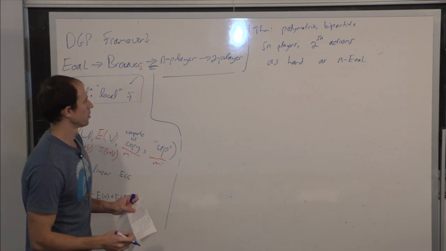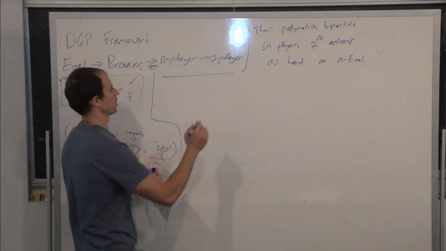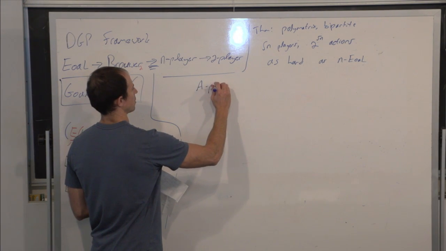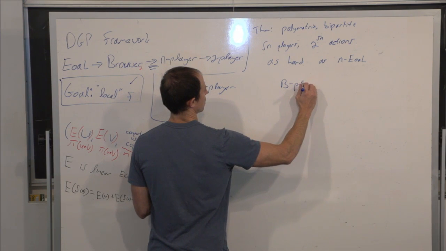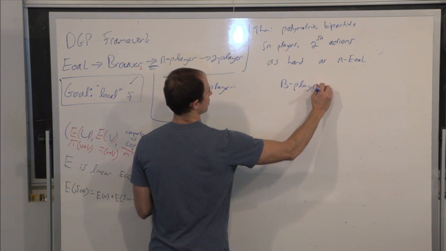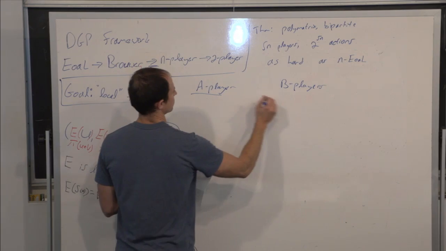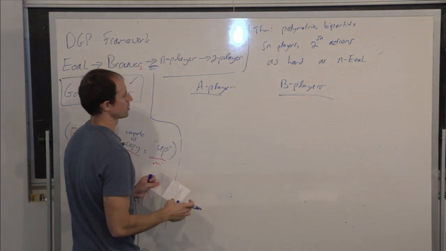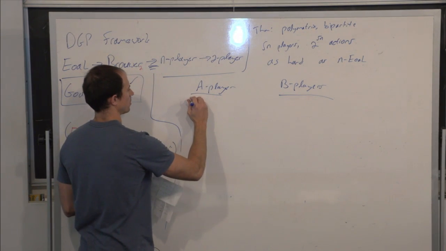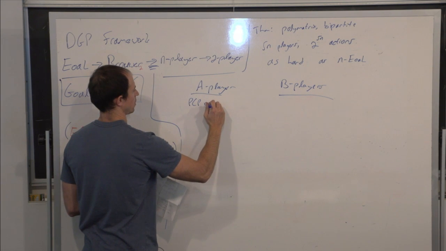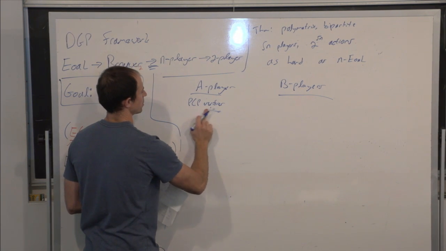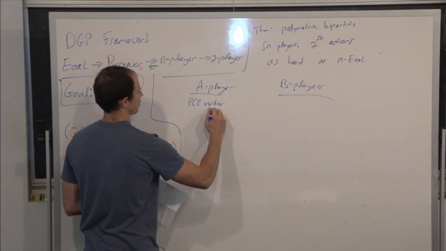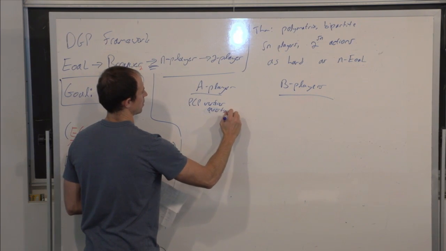Okay, so again, I'm going to have A players and B players, and I have a root n of h, and the A players correspond to PCP verifier string questions, or the random strings of the PCP.